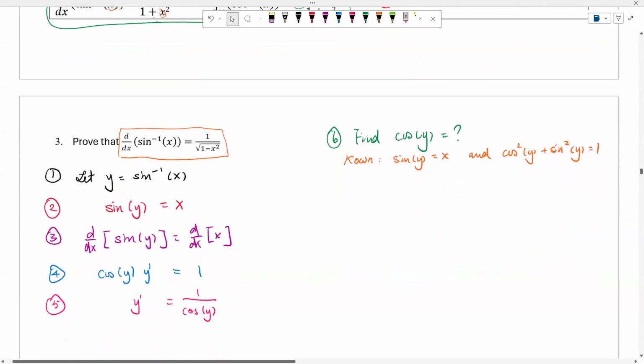Once we know these two pieces of information, then we will be able to do the problem now.